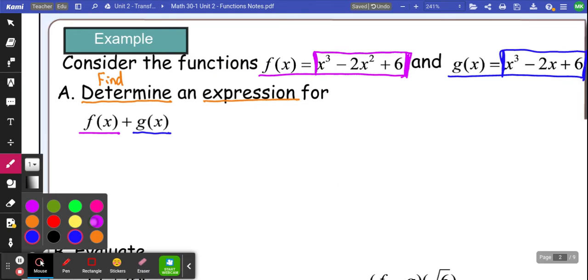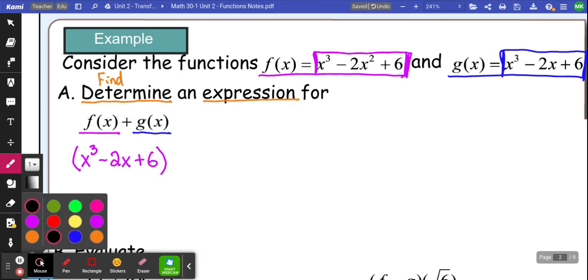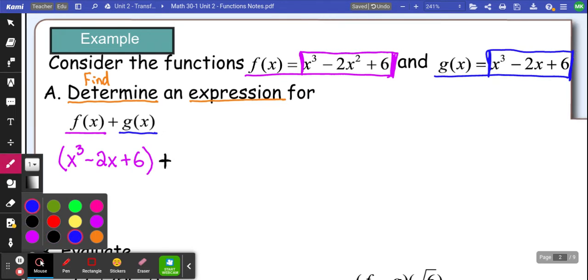So it would look like this. X cubed minus 2x squared plus 6. There's my f of x. Plus g of x. G of x is x cubed minus 2x plus 6.